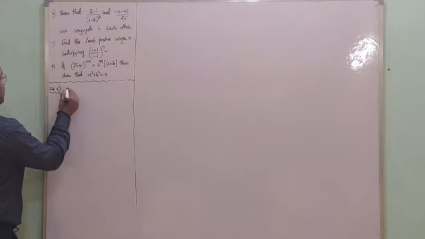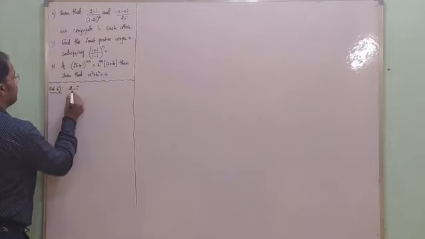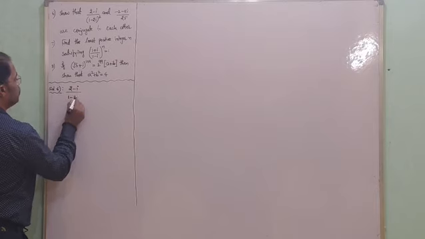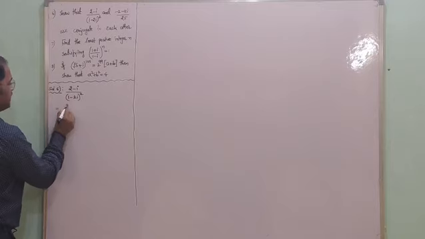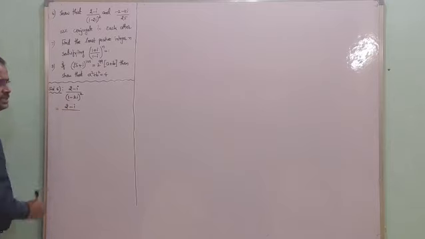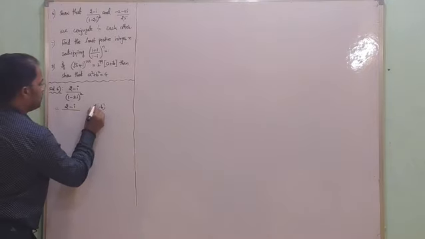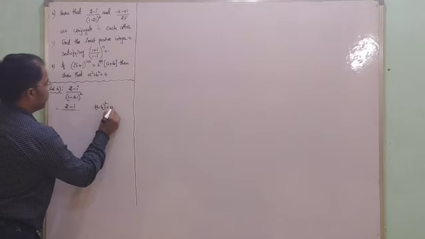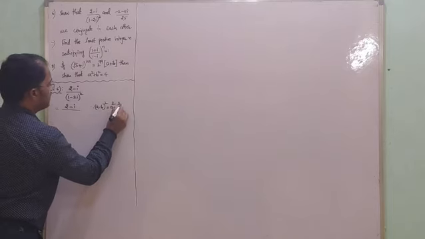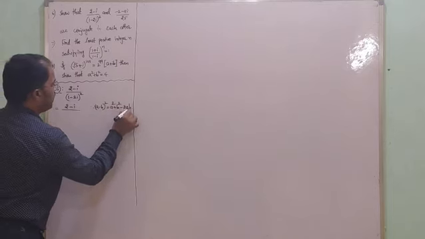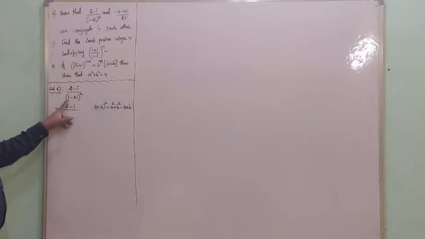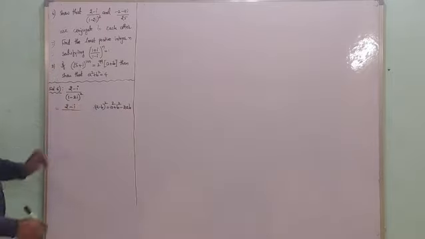The first one is ((2 minus i) by (1 minus 2i)) to the whole square. So first of all, simplify the denominator. 2 minus i as it is. The denominator is a minus b whole square. The formula is (a minus b) whole square equals a square plus b square minus 2ab. Clear? So the a value is 1 and the b value is 2i.